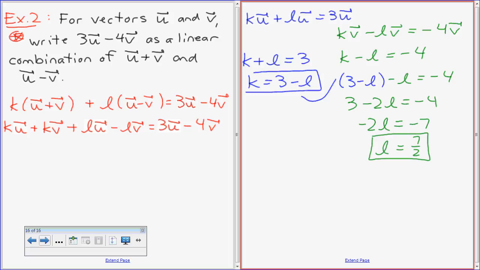How do I get my K now? Go ahead. Sub back in. Yeah, I'm going to actually sub into this one because it's nicely already set up for me. So I'm going to sub this back into here. So I'm going to say K equals 3 minus 7 over 2. K equals negative 1/2.